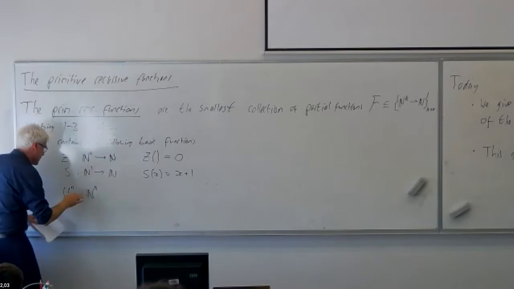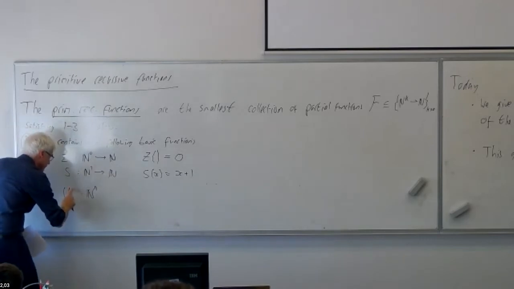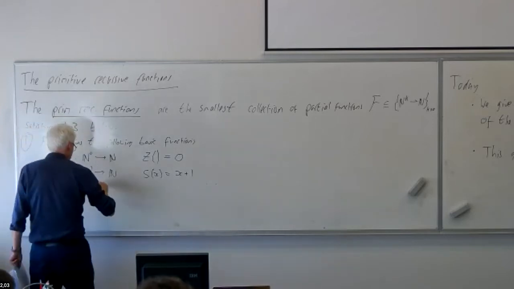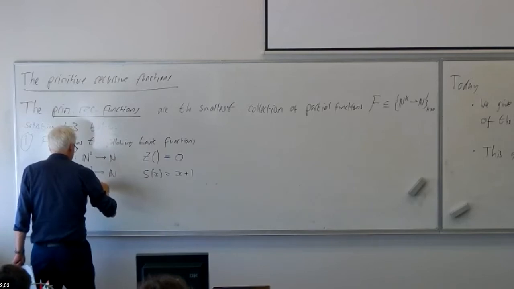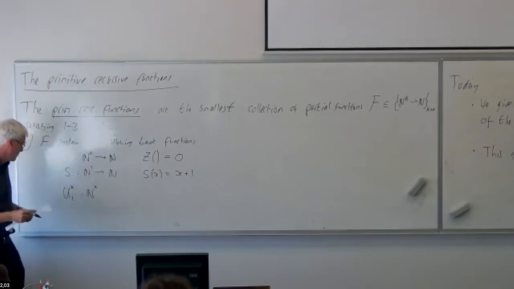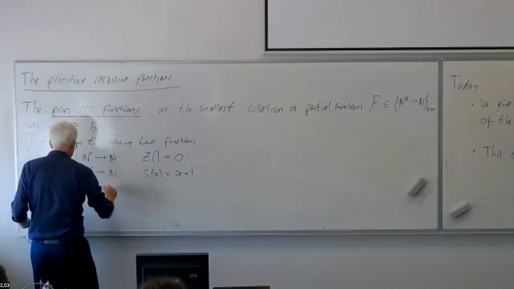Sorry, I'm going to change this. I want to be consistent with the notes, so I'm going to change this little n to a k here. It doesn't matter what you call an index, but sometimes one runs into notational problems later.